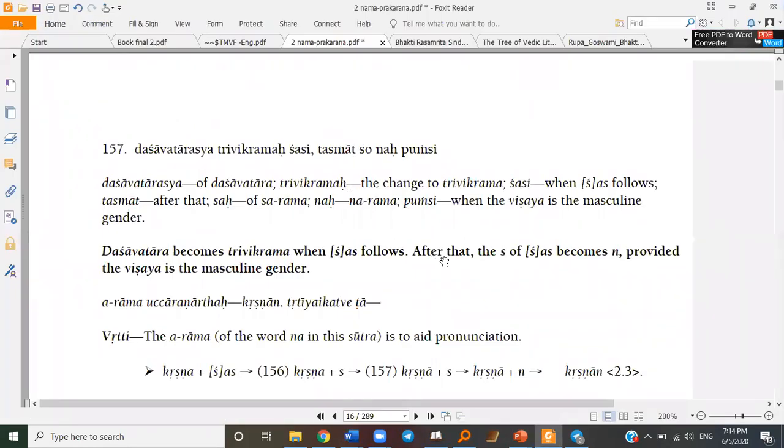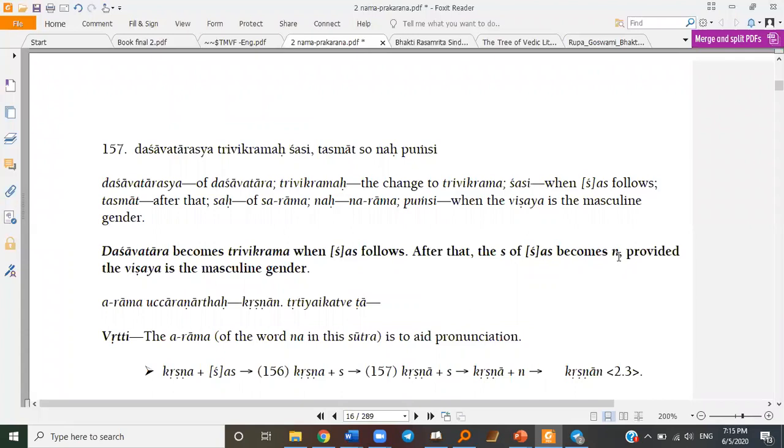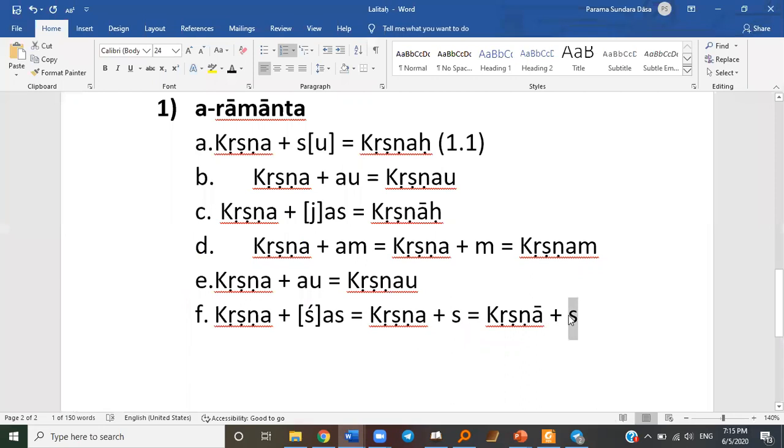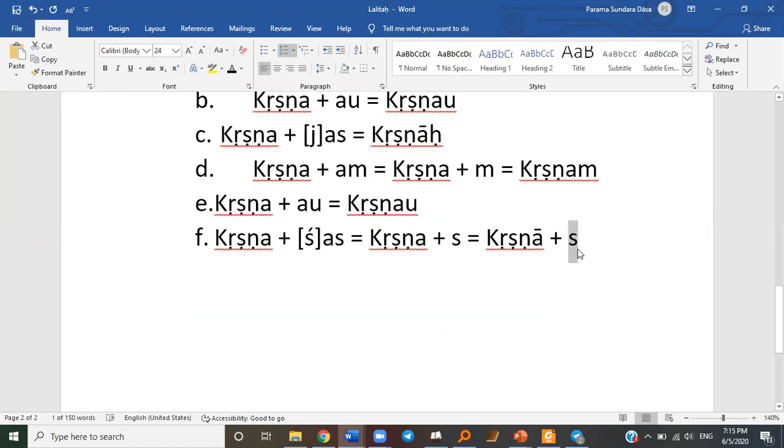Thereafter, the Sa of Shas becomes Na, provided the Vishaya is the masculine gender, which it is. So this Sa will be converted into Na. Tasmat Sona Punsi, and we'll combine it. So it becomes Krishna.